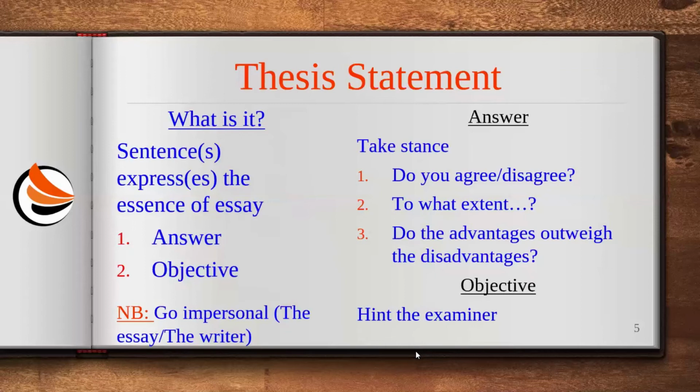In instances where you have an answer or the essay demands an answer, and of course, definitely an objective, you can think of putting these two together in a compound or complex sentence, depending on the structure you want to use. This is the first part of the essay, the background information and the thesis statement from the introductory part of the essay that you are writing.